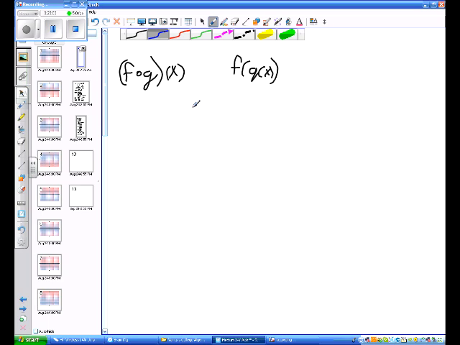We'll also have to consider our domain on this. And when we do, x is in the domain of g, of the function g, whatever that is. You have to look at whatever the function g of x is and determine what its domain is.